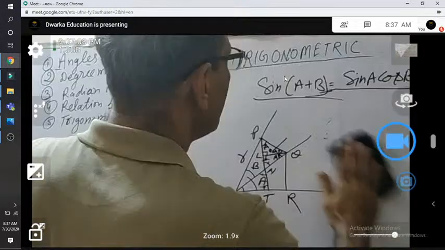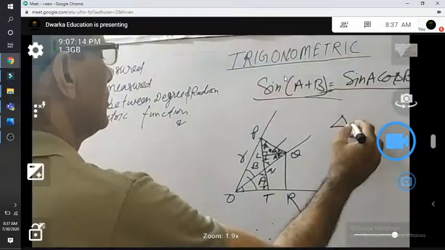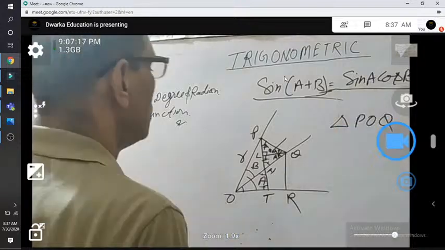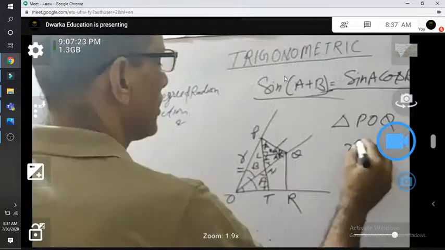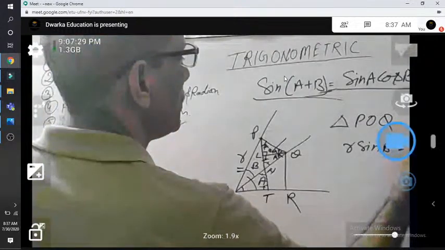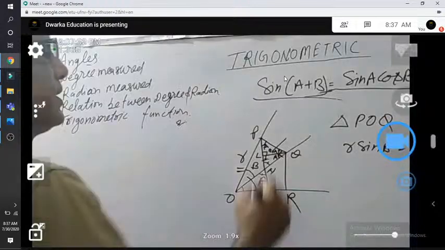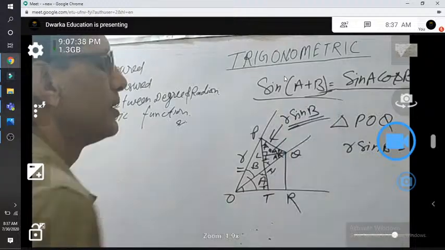If this angle is equal to A, then now we know in triangle POQ, this is equal to 90 degree. This is the diagonal, R sine B is equal to PQ. This side is equal to R sine B, PQ.